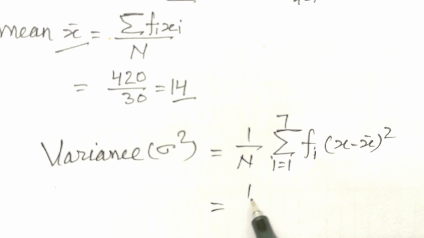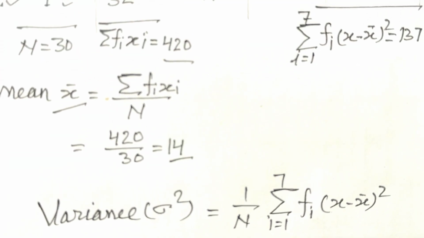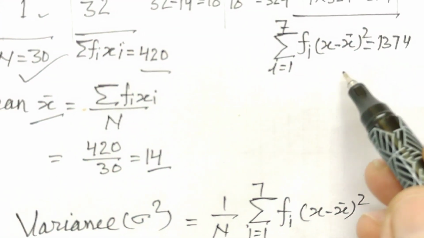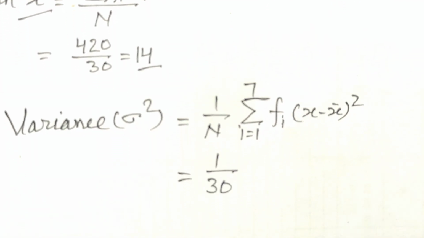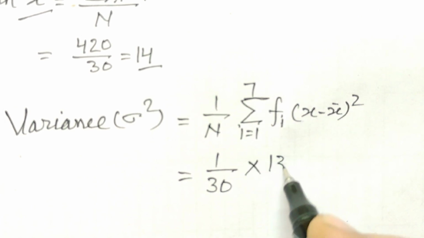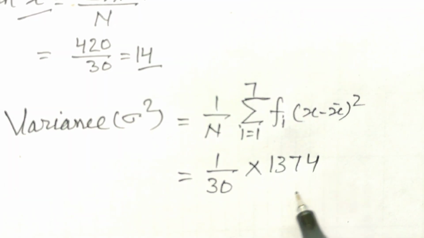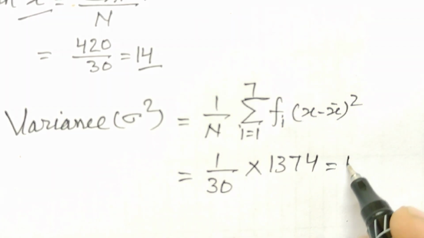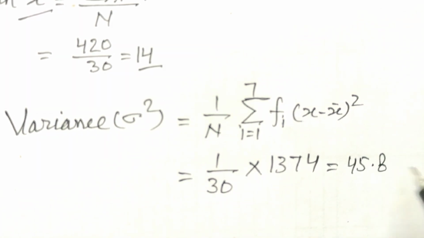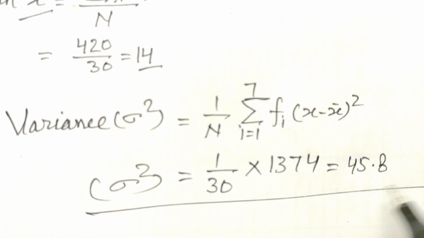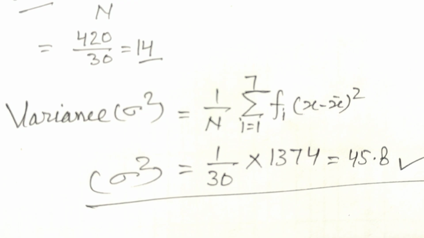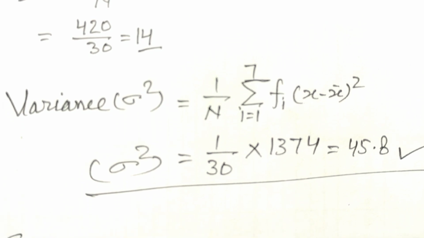So 1 over n, here n is 30, into this 1374. So this value will be 45.8. So variance is this.